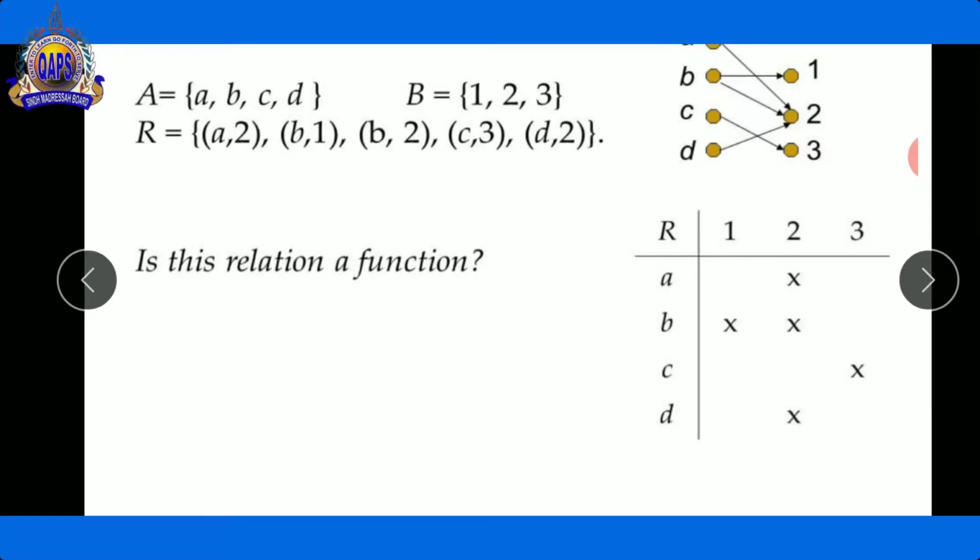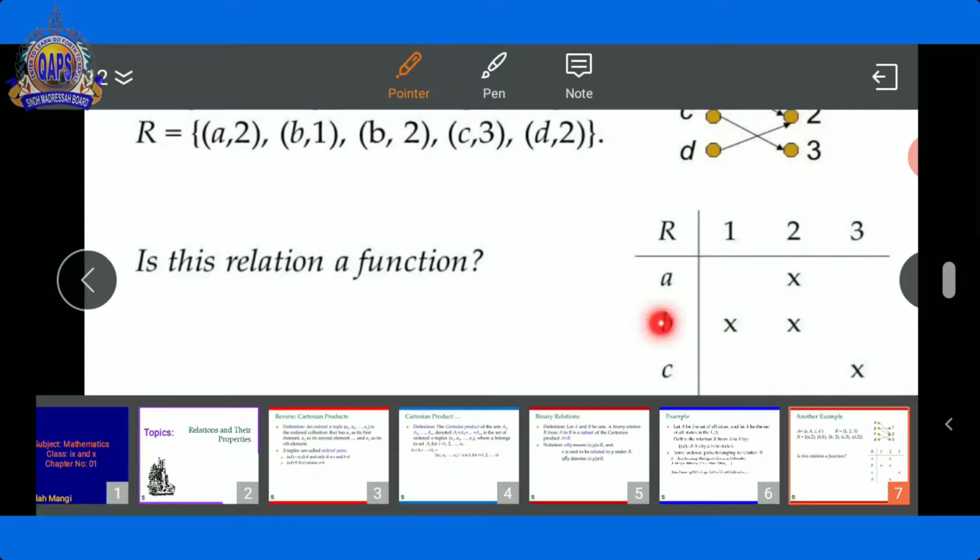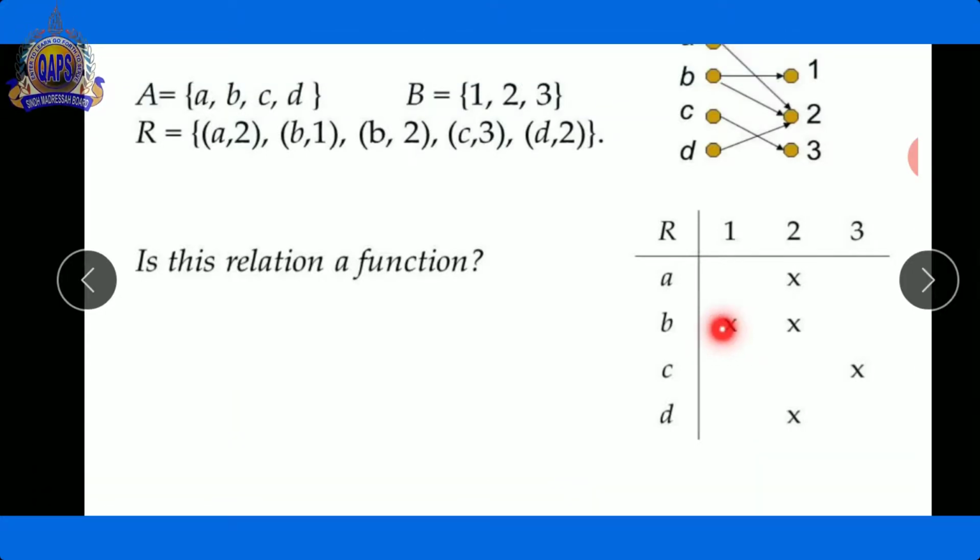So see here, A is related with 2. Same here, B is related with 1, and B is also related with 2.